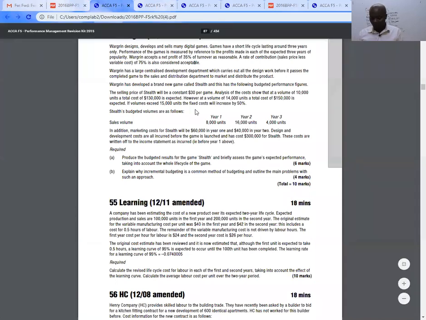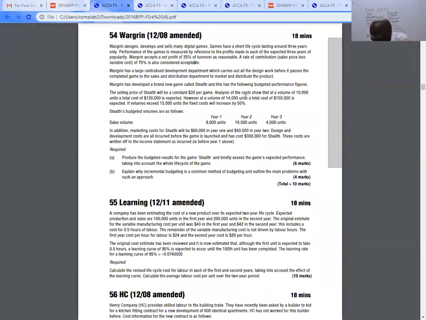Now, the catchword here is just one. They have told us the selling price of the steel will be constant at $30 per game. Analysis of the cost shows that at a volume of 10,000 units, total cost will be 130,000. Please underline the words total cost.